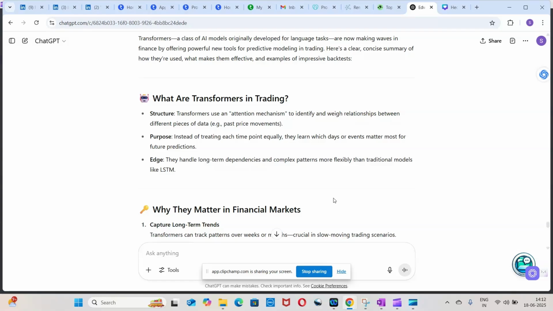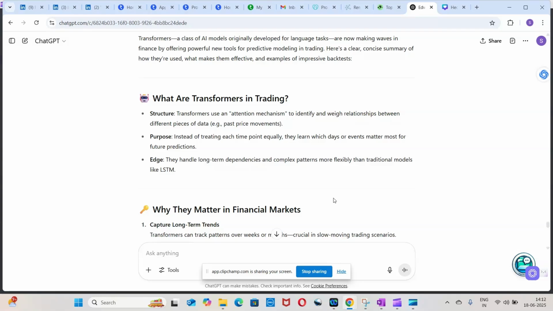So these transformer AI models have an edge in trading, and the main thing is the attention mechanism to identify and weigh the relationships between different pieces of data. The data that we give it is the past price movement data. It doesn't give equal importance to all the price movement data.